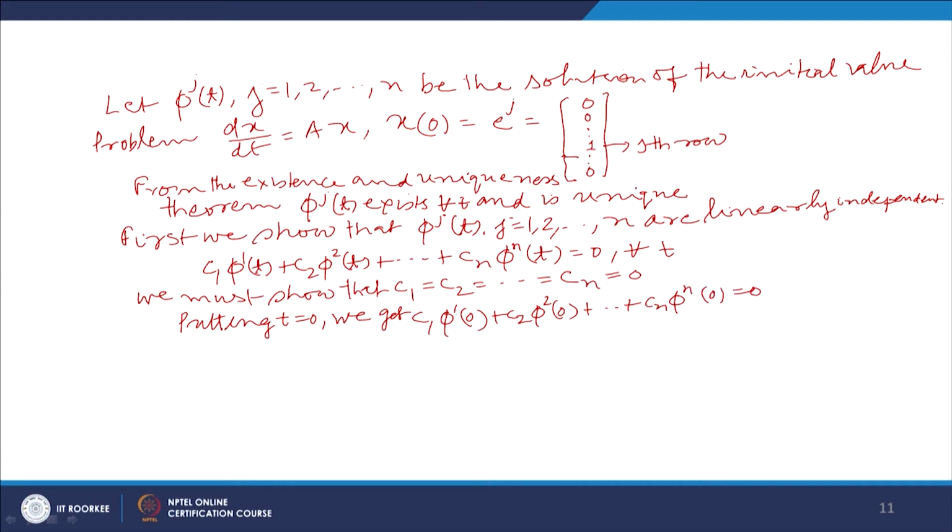Now, phi 1 0 is equal to E1. So, we get C1 E1, then C2 E2 and so on Cn En equal to 0.